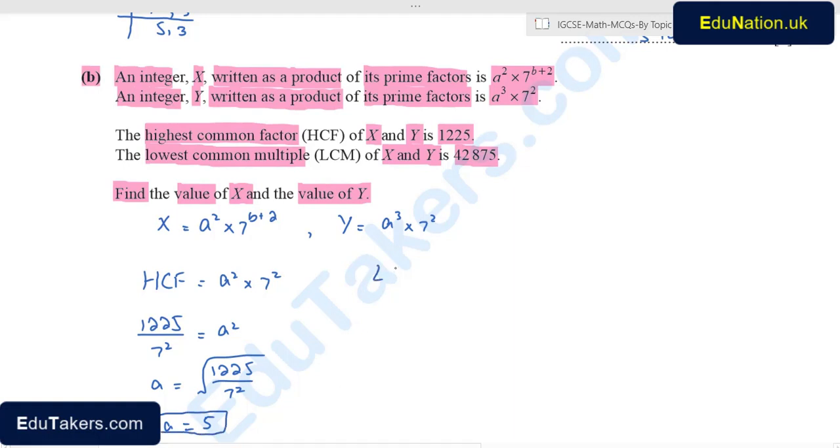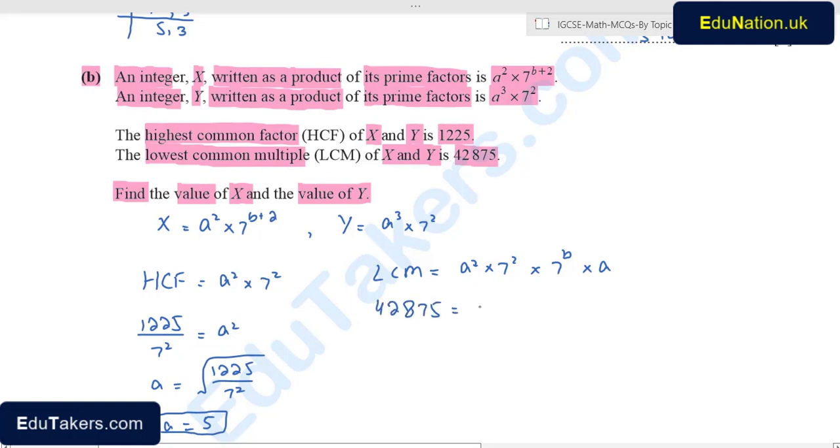Now LCM is equal to, their common factors are a square times 7 square and non-common factors, this will be 7 raised to power b, and from here this is a, and LCM is 42,875.